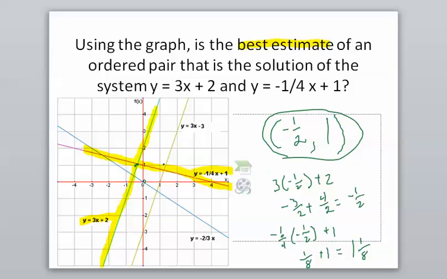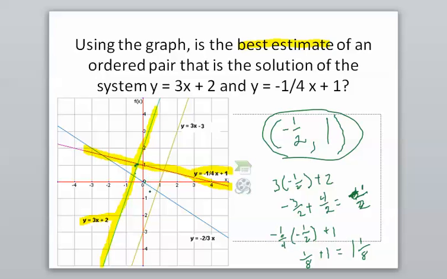So this one's not too far from that, but this one here, that negative 1/2 gave me a positive, I'm sorry, positive 1/2. So 1/2, it was right here. So yeah, it's a little bit off there.